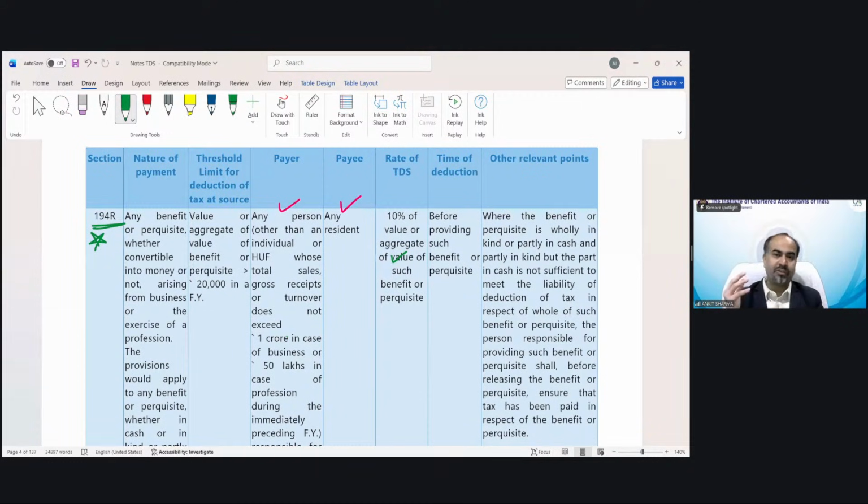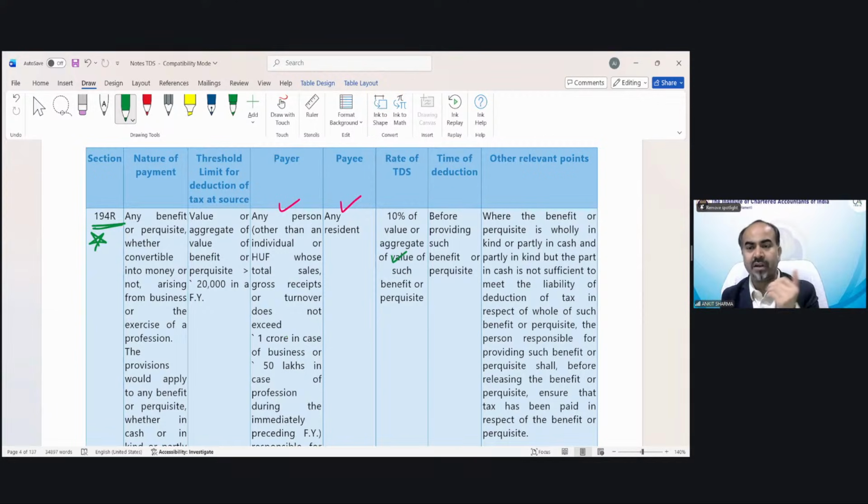Because for the purpose of TDS under Section 192, we will add your basic salary, advance salary, allowances, perquisite, etc. So we are also discussing perquisite over here, but this is not the perquisite we have discussed under Section 192, in which an employer pays perquisite to an employee.